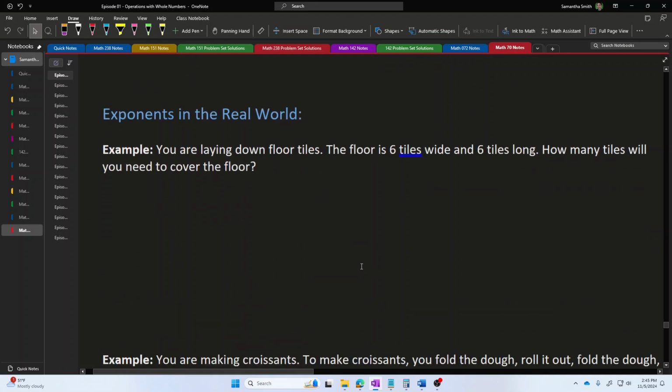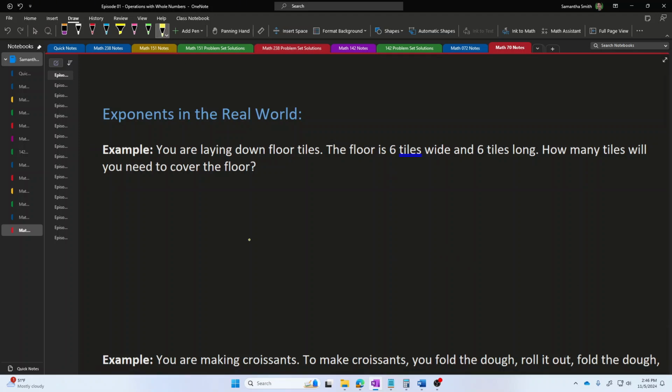Now, to give you an example of exponents in the real world, suppose that I'm laying down some floor tiles. And the floor is 6 tiles wide by 6 tiles long. So the question is, if these are the dimensions of the floor, how many tiles would I need to cover the floor in total?